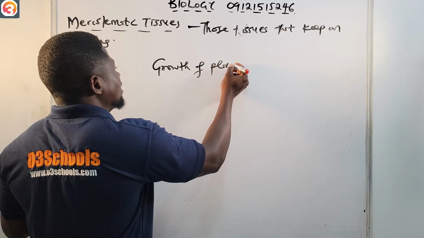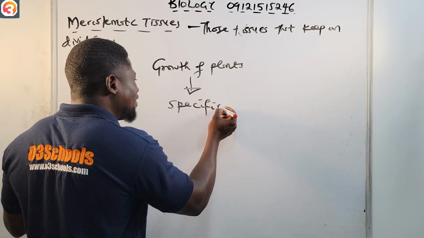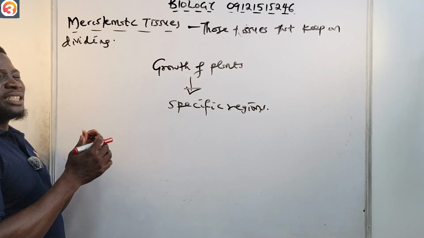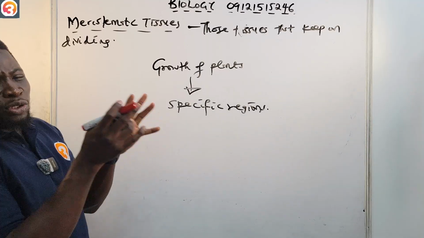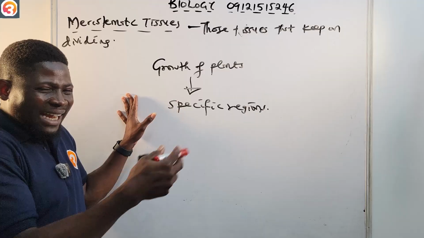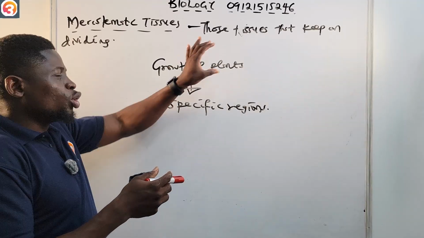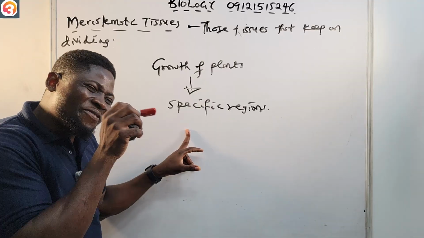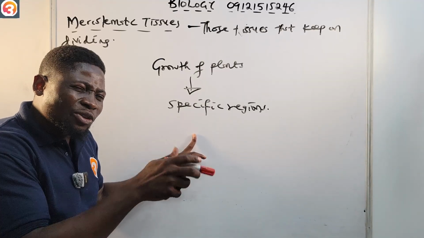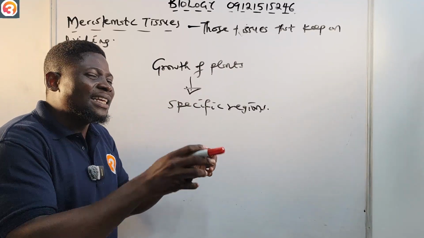They are active and they keep on dividing. These tissues are responsible for the growth of plants in specific regions, whether in the shoot and root, in the stem, or in the nodes and internodes. Those are meristematic tissues.